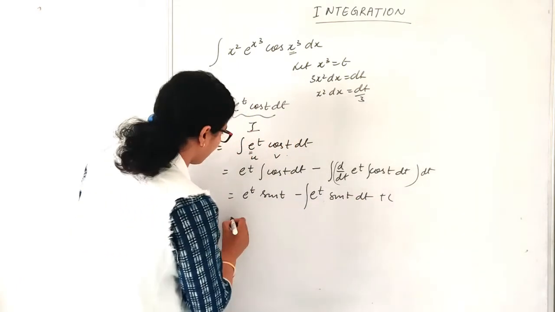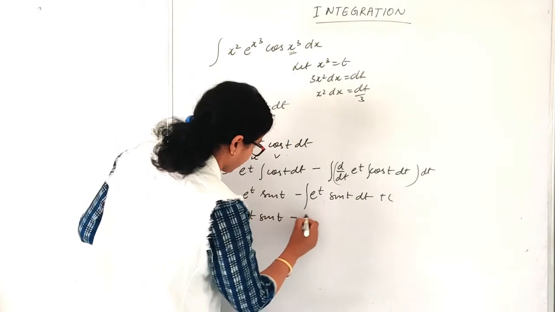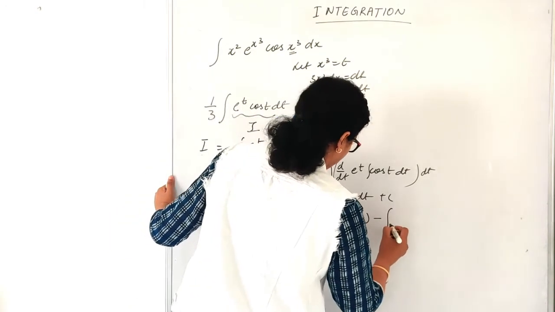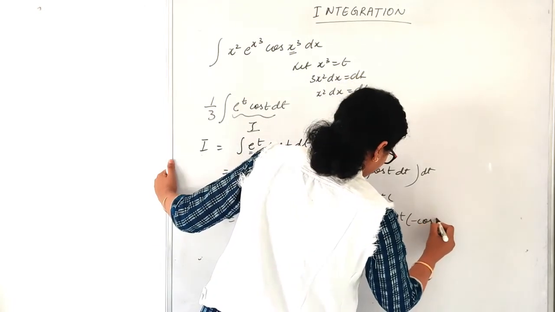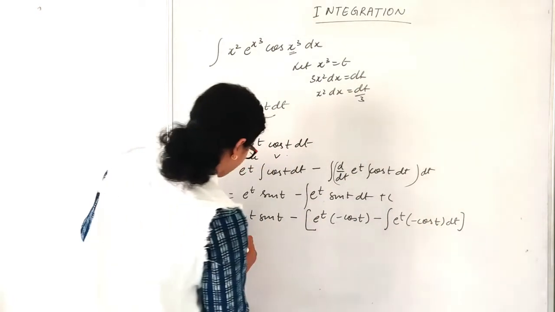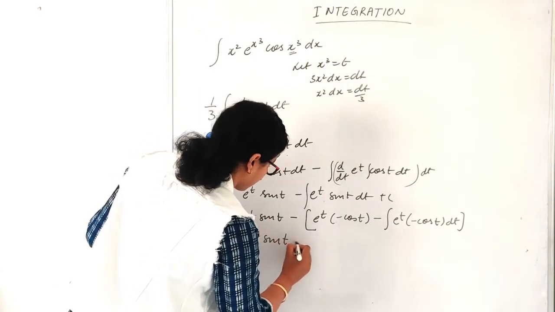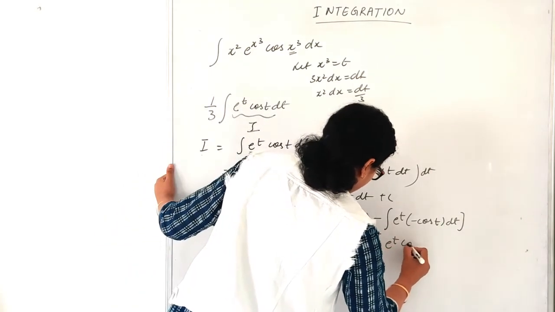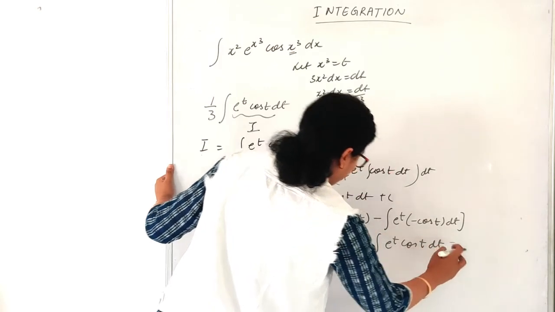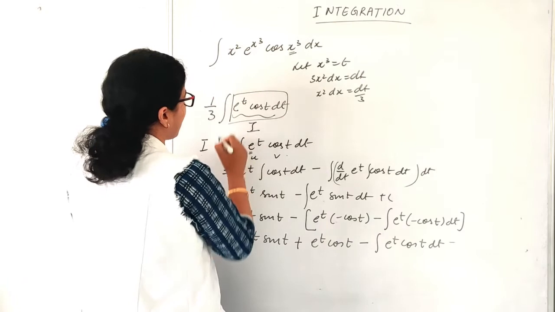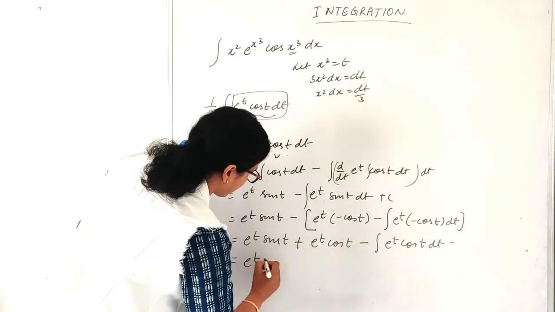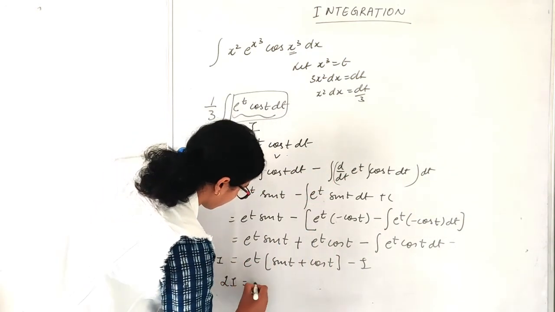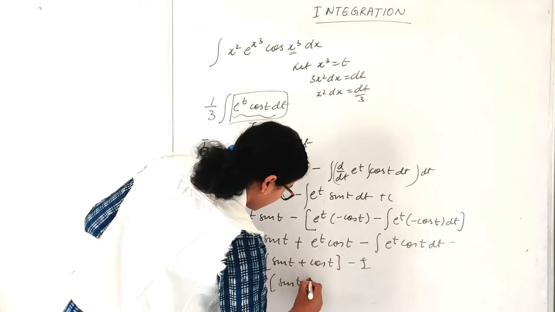Again we will use the same rule. Right now, see, this is my I, so I can replace this by I. I can take out e to the power t common from here, minus I, so it will become 2I is equal to e to the power t, sin t plus cos t.